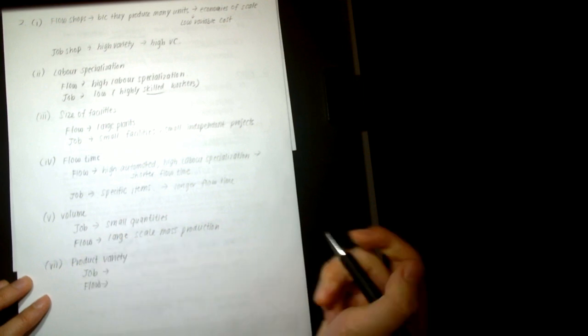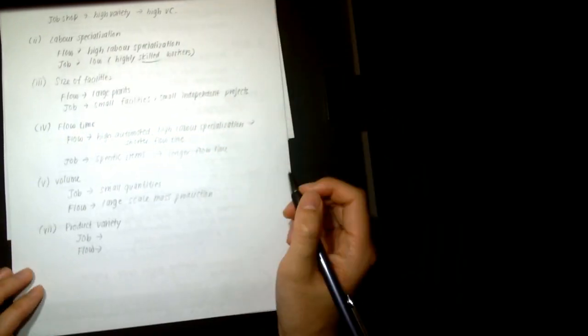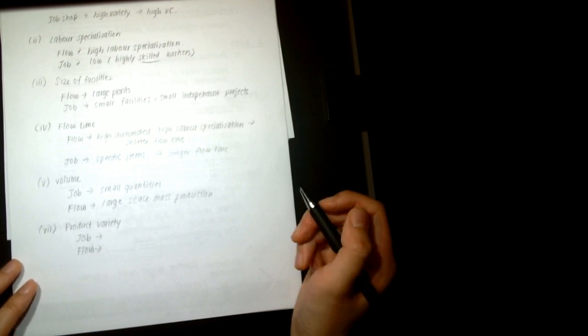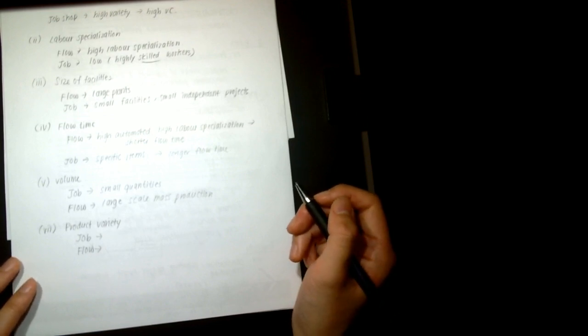Then we have product variety. Due to the specialization of labor and producing products in small quantities, job shop has the capability of producing a large variety. And flow shop would be the opposite.